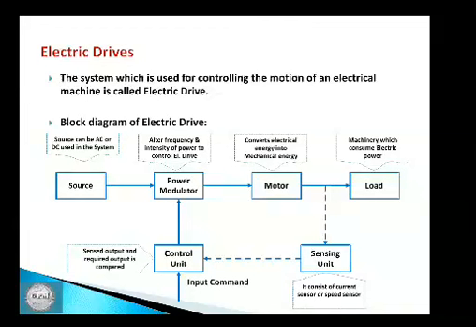Control unit controls the function of power modulator. The nature of the controller is used according to power modulators used. When semiconductor converter is used, the control unit consists of some firing circuit in it.